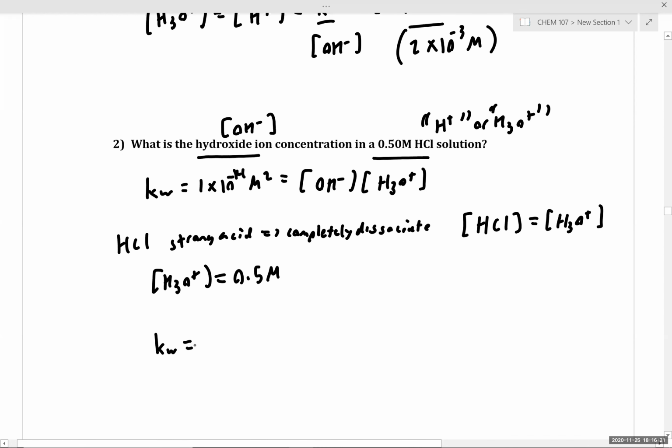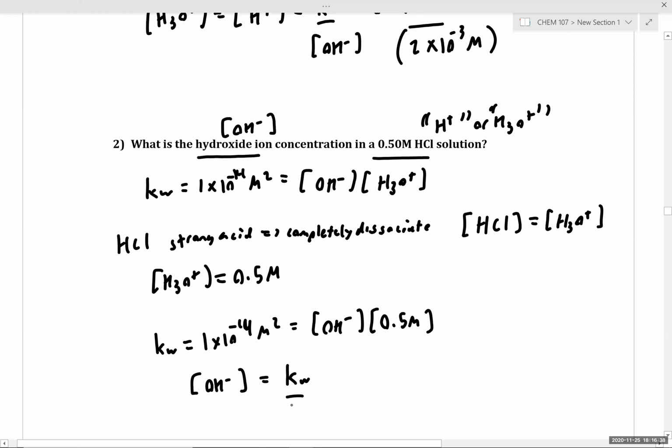So then if Kw is 1 times 10 to the negative 14th molar squared, that's equal to the concentration of hydroxide times the concentration of H3O plus, which is 0.5 molar. We then know that the concentration of hydroxide is equal to Kw over the concentration of H3O plus, which is equal to 1 times 10 to the negative 14th molar squared over 0.5 molar.